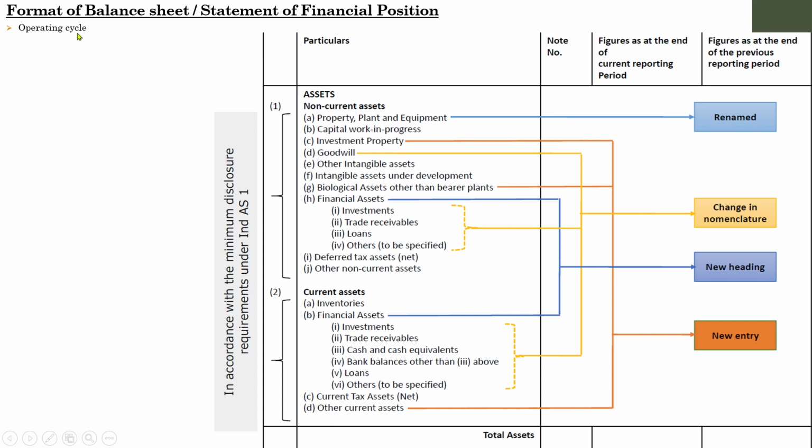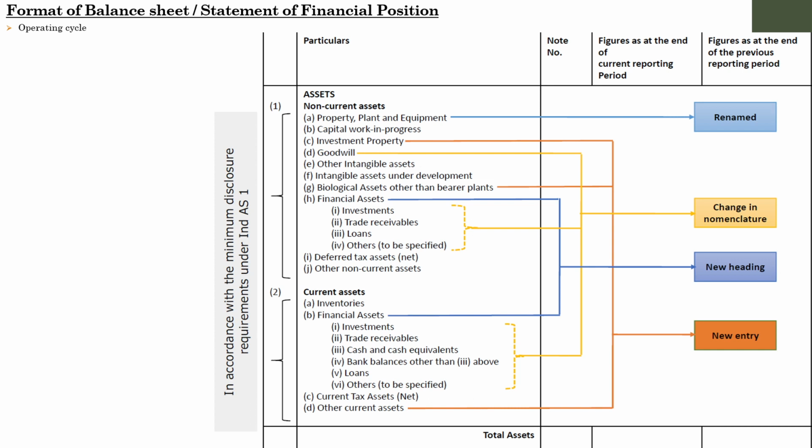Another important term you have to keep in mind is the operating cycle. In the questions and in the examination, you will come across the term operating cycle. An operating cycle is the time between the acquisition of assets for processing and their realization in cash or cash equivalents. Usually, the normal operating cycle is assumed to be 12 months.